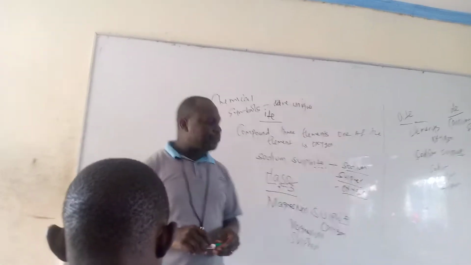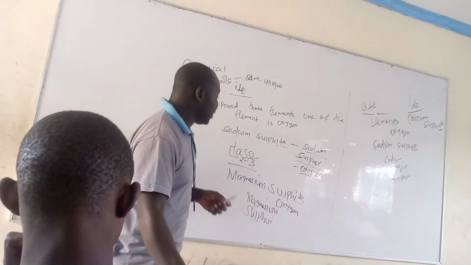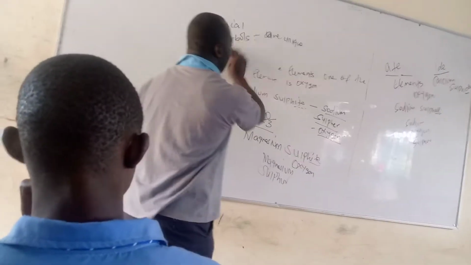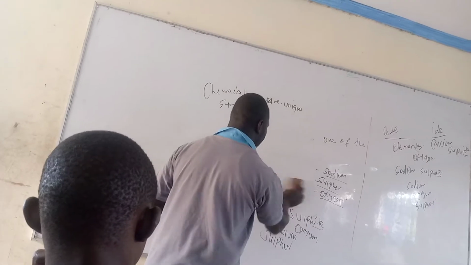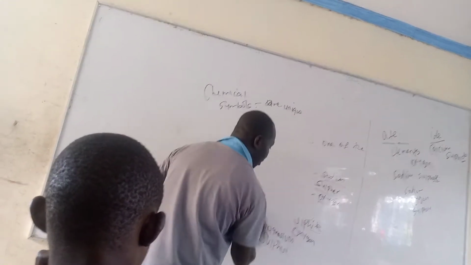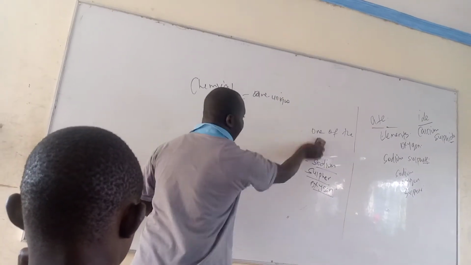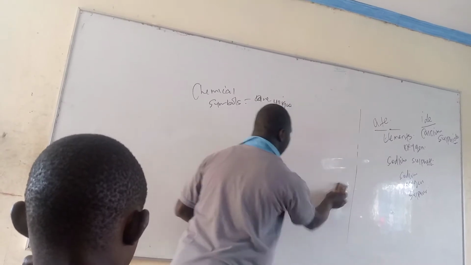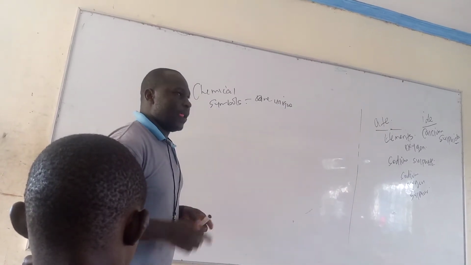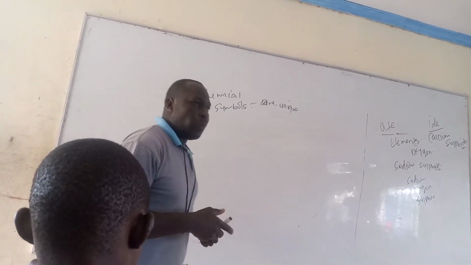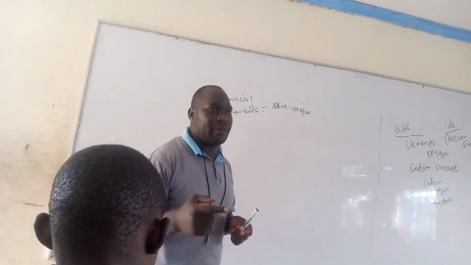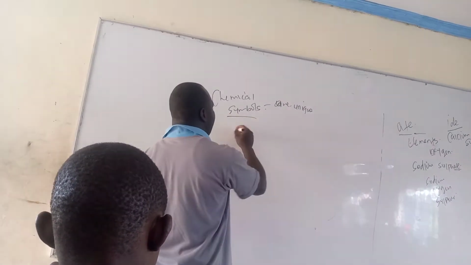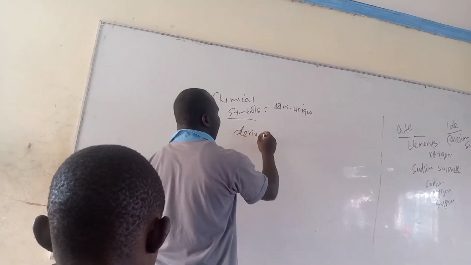If we have to write the chemical symbol of an element, we need to understand how symbols are derived.